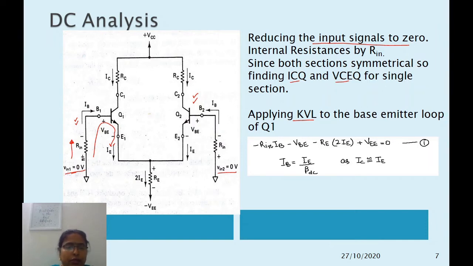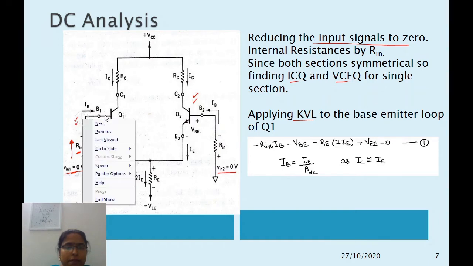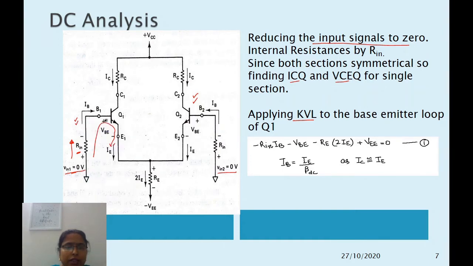So writing the equation: minus Rin into IB, minus VBE, this base to emitter voltage, then minus RE into 2 times IE, plus VEE equal to 0. This forms our first equation.